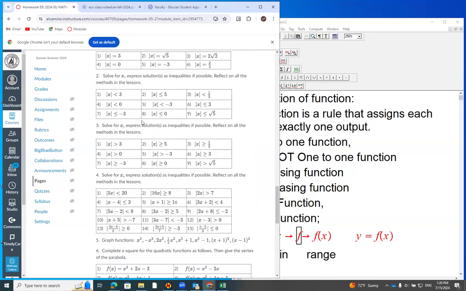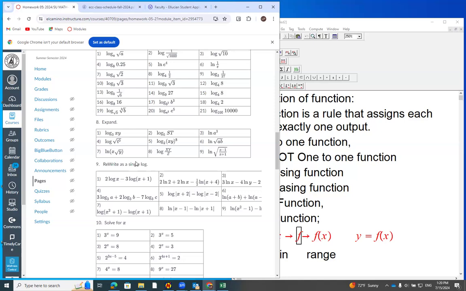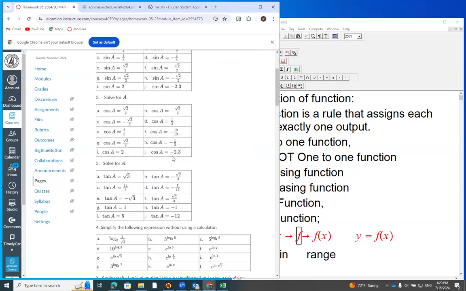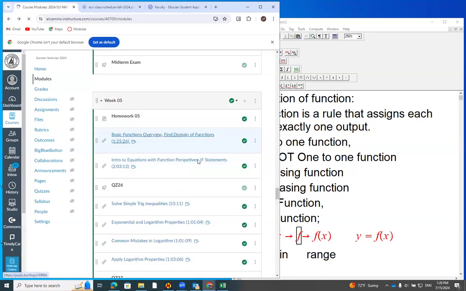This week we have quite a lot of content to cover, but you can see we get to study functions we've studied in the first 4 weeks, and they're studied again in a different light. So we're going to study their properties.